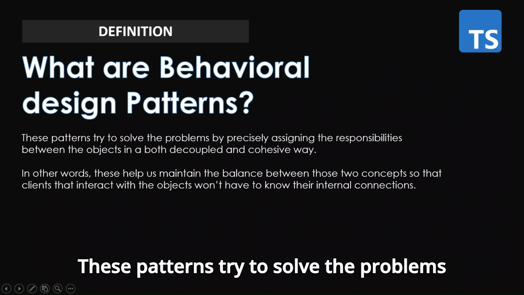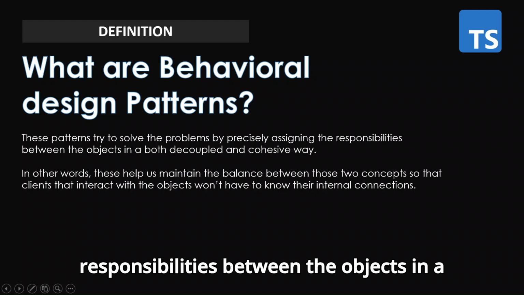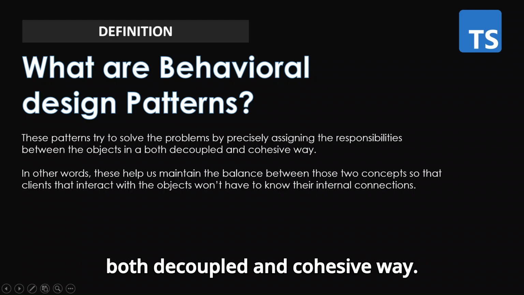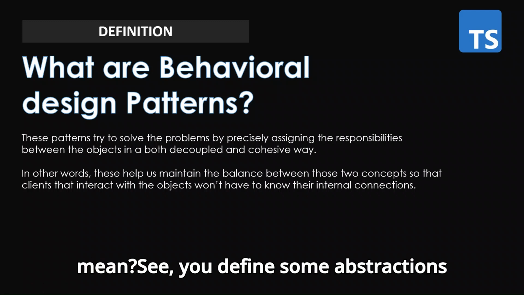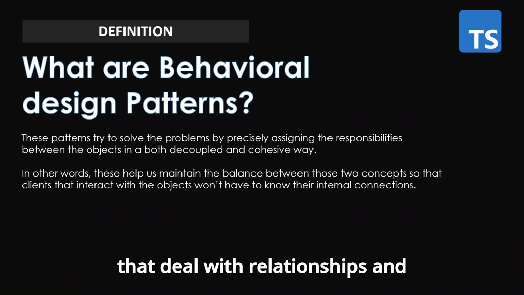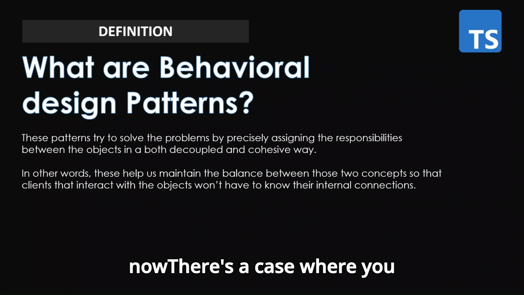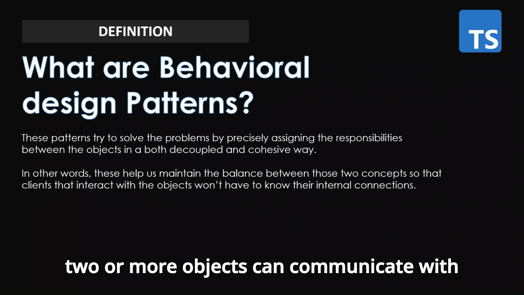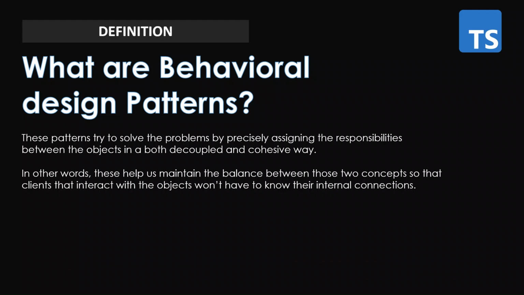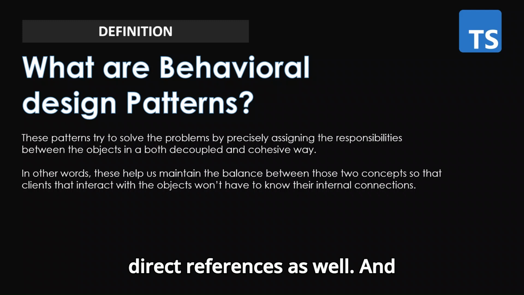These patterns try to solve problems by precisely assigning the responsibilities between the objects in a both decoupled and cohesive way. Alright, so what exactly does that mean? You define some abstractions that deal with relationships and responsibilities between the objects. Now there is a case where you want to measure and manage how and when two or more objects can communicate with each other by message passing or direct references as well.